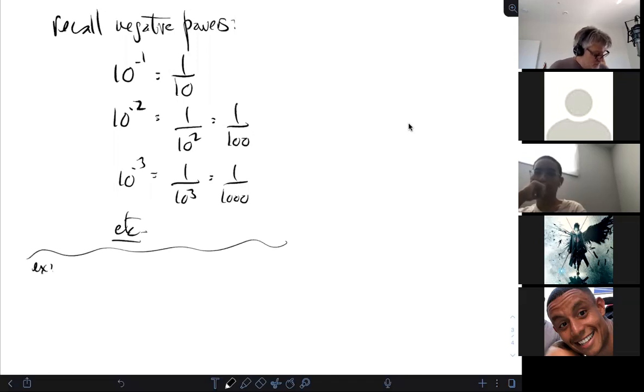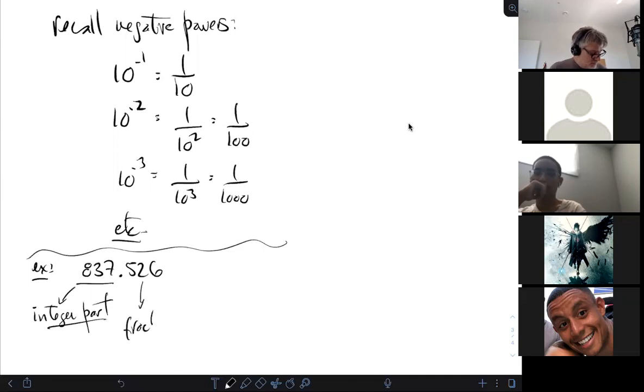So here's another example. Let's say I look at 837.526, right? This is what we call the integer part of the number. This is what we call the fractional part. And if I expand this, what does it mean? Well, again, we know the integer part is easy, right? We all know that.